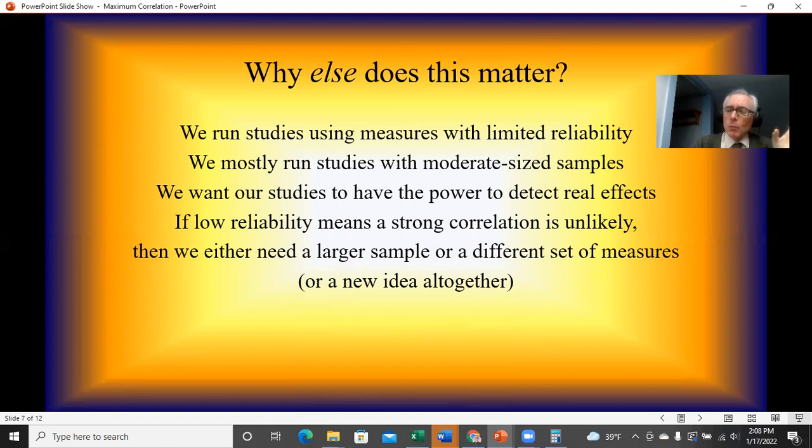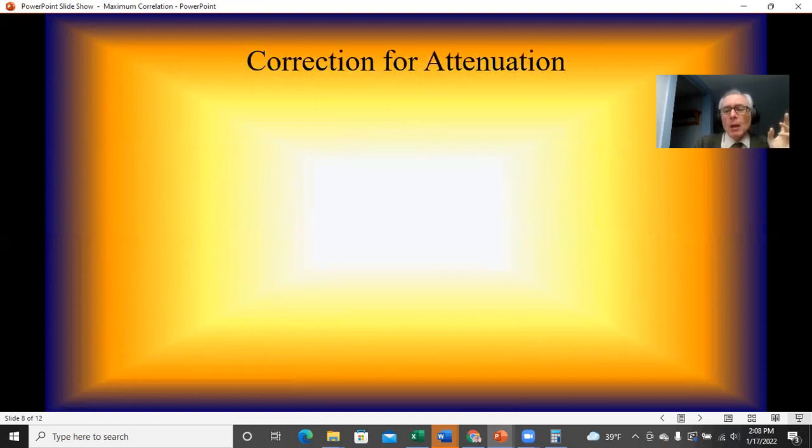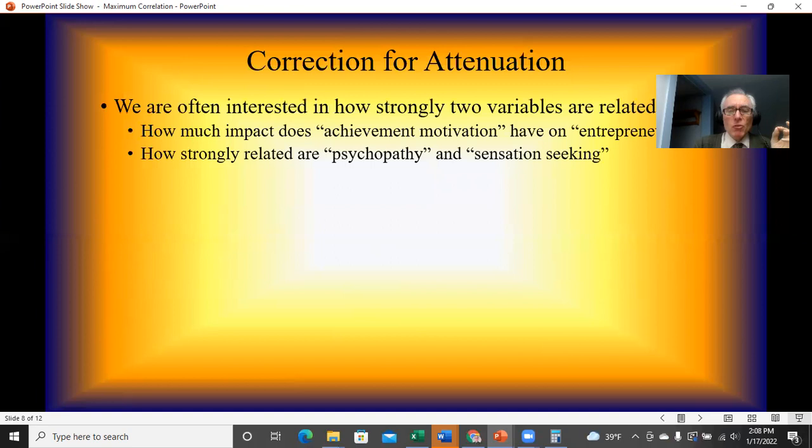And to be sure, this is a pretty specialized subject here. But if you are running a study, or developing a test, which is also a kind of study, there's also a process known as correction for attenuation. You see, most of the time, what we're really interested in is how strongly two theoretical variables or constructs are related.